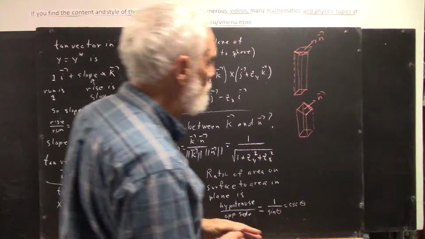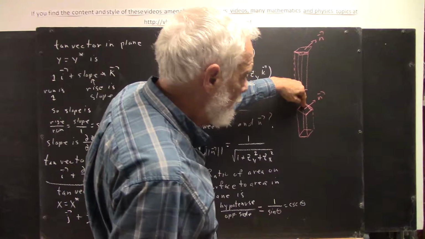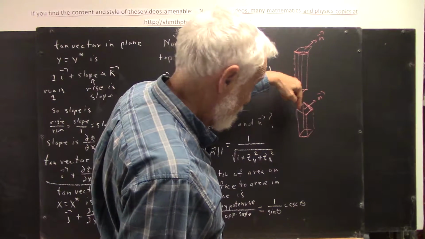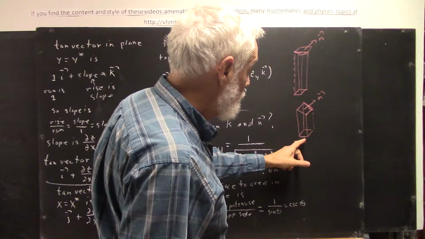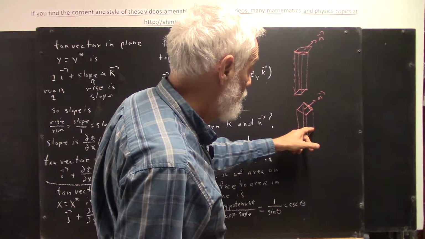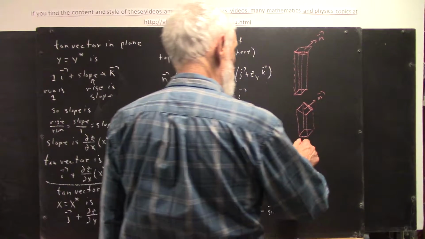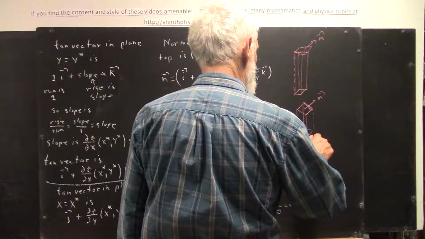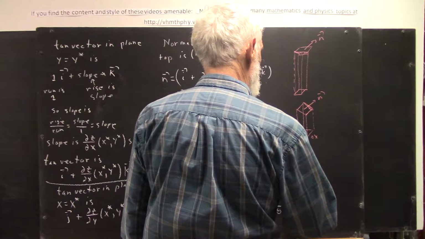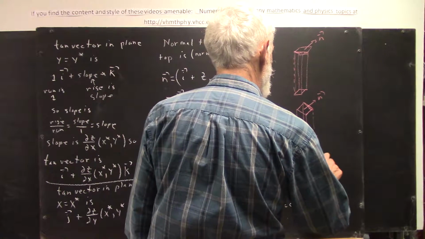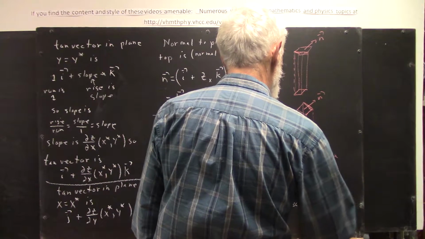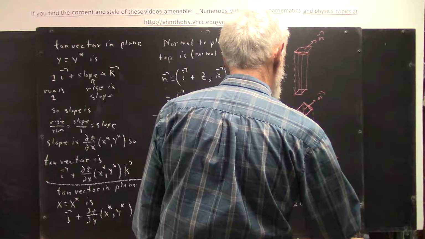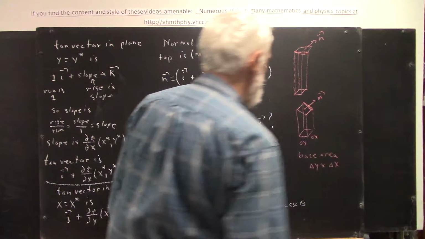Okay, we want to know how the area of the top of this wood block figure is related to the area of the base. And the base, of course, is delta y by delta x. So the base area is delta y times delta x.